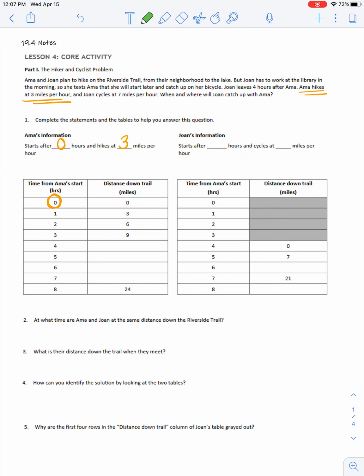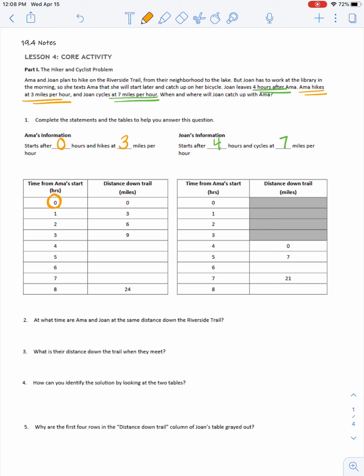Okay, let's pull some information about Joan. Joan cycles at 7 miles per hour and she leaves 4 hours after Amma. So she starts 4 hours after Amma and she cycles at 7 miles per hour.